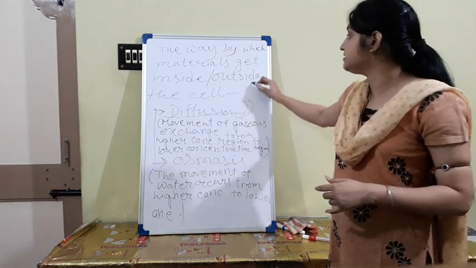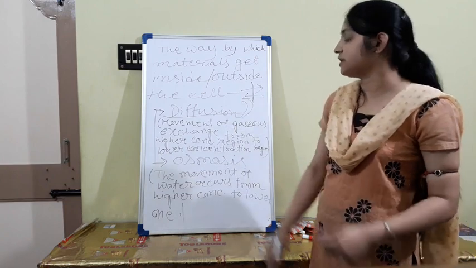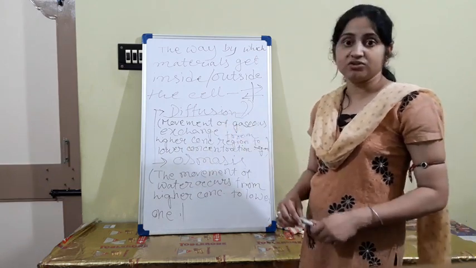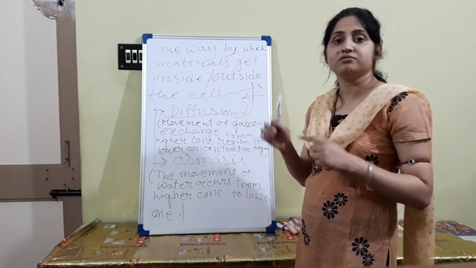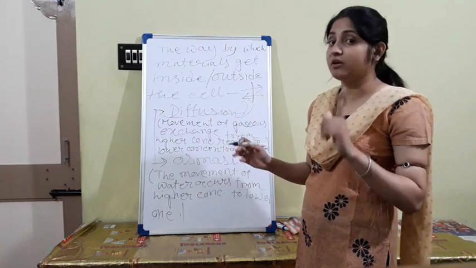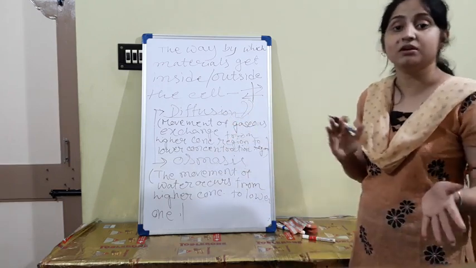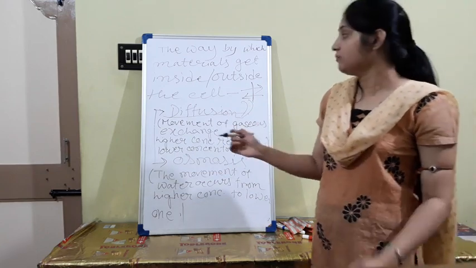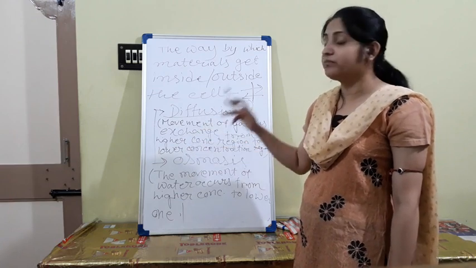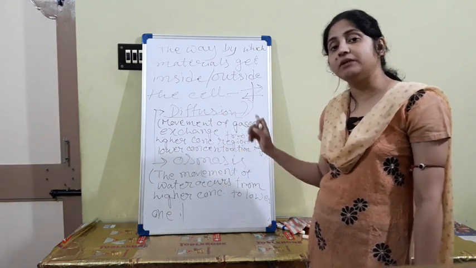Obviously the plasma membrane is present, so gases get inside the cell and go outside of the cell. You must mention that it is through a selectively permeable membrane, because without the membrane it will not happen properly.